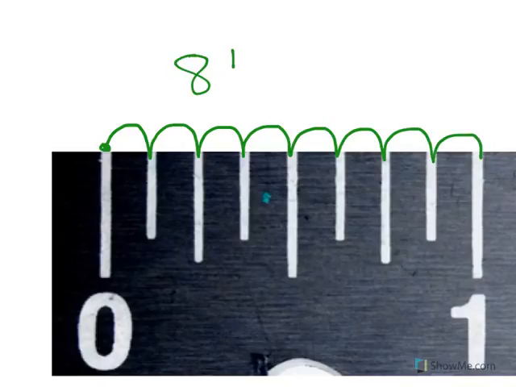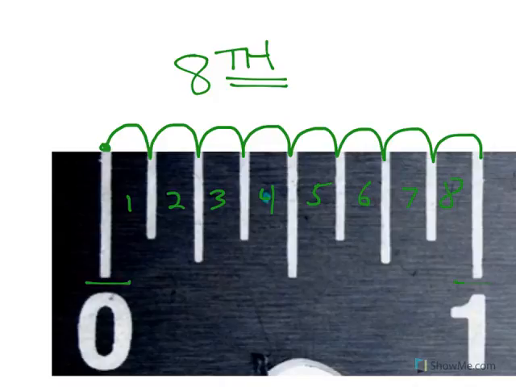So that's why they call this inch divided into eighths, because there's 8 spaces between 0 and 1. So this is a ruler that in some cases you'll actually see it. It says on the ruler eighths. If you don't see that, all you need to do is count the spaces between 0 and 1, and you'll know whether you're using an eighths inch ruler. Isn't that easy?